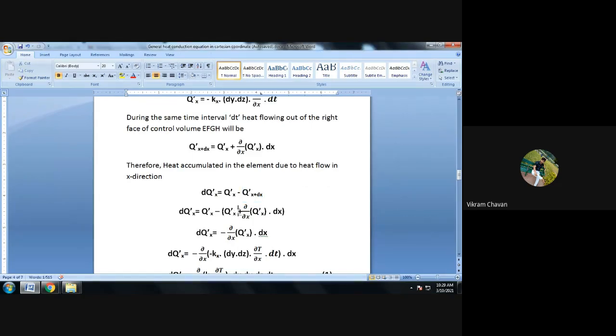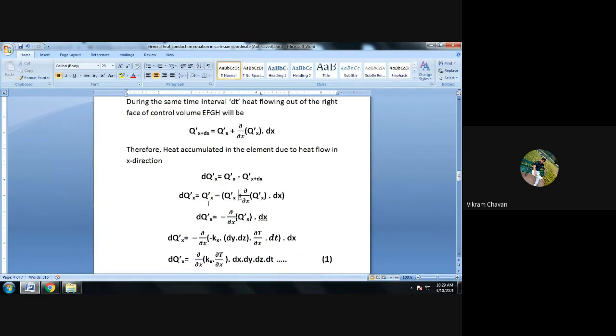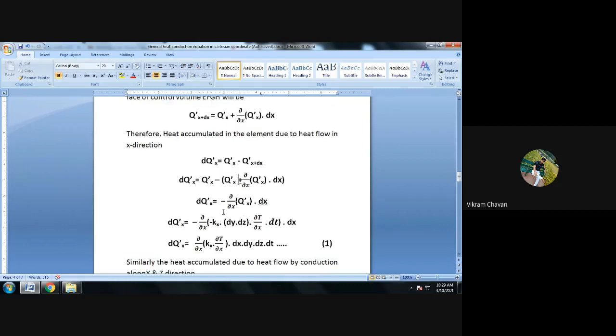Now this q dash suffix x and that q dash suffix x will cancel. So what remains? dq dash suffix x will be equal to minus dabba of q dash suffix x with respect to dabba x multiply by dx. This is the remaining thing.